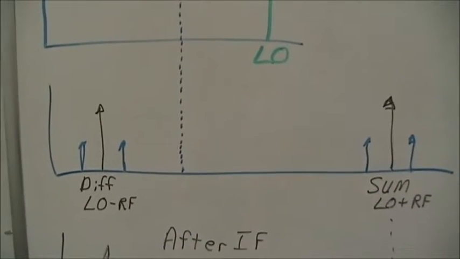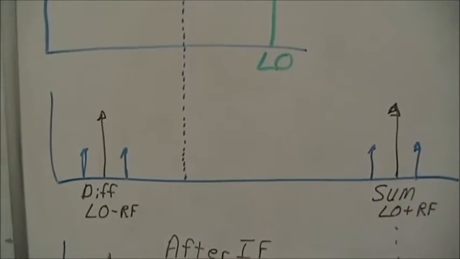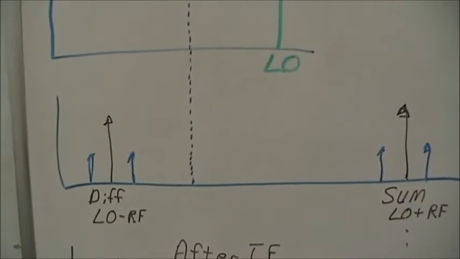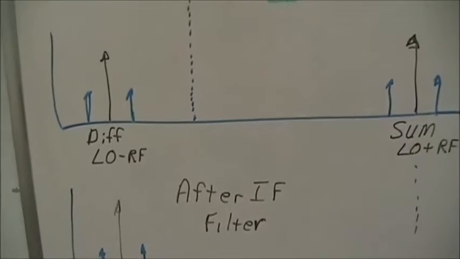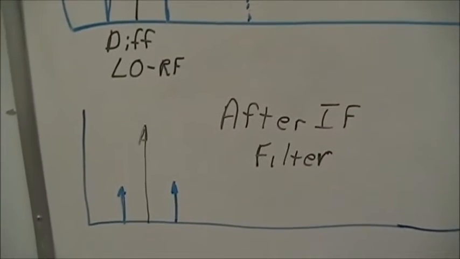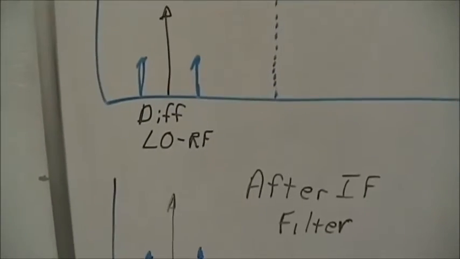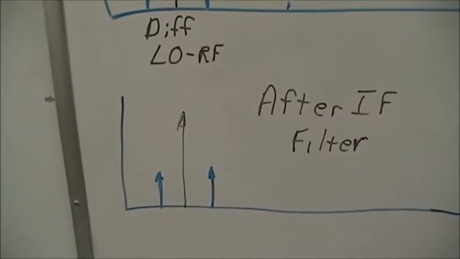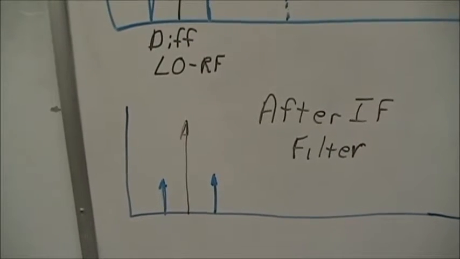They both contain the sum and difference of the USB and LSB signals along with the RF signal shifted by the sum and difference frequencies. The end result after the filter, of course, is then just the repeat of the RF signal, but shifted to a new frequency. This frequency will be fixed by the IF filter, and the local oscillator will be changed.